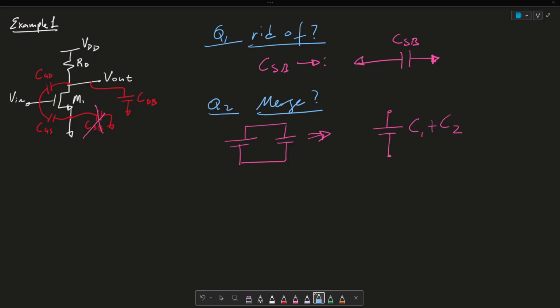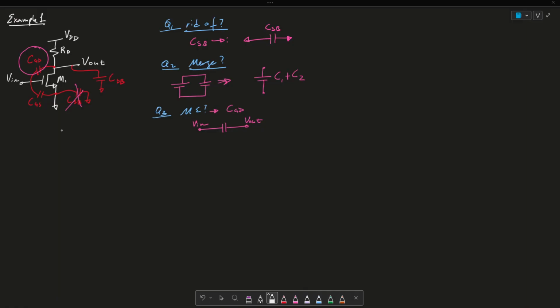From our Miller effect video, we said that we need to identify which capacitor experiences Miller effect. In this situation, it's going to be my CGD capacitor, and that's because at both ends of its terminals, it's connected to voltages, V in and V out.